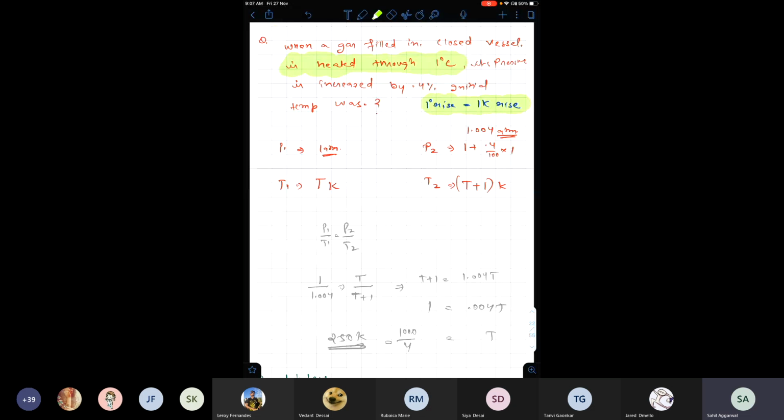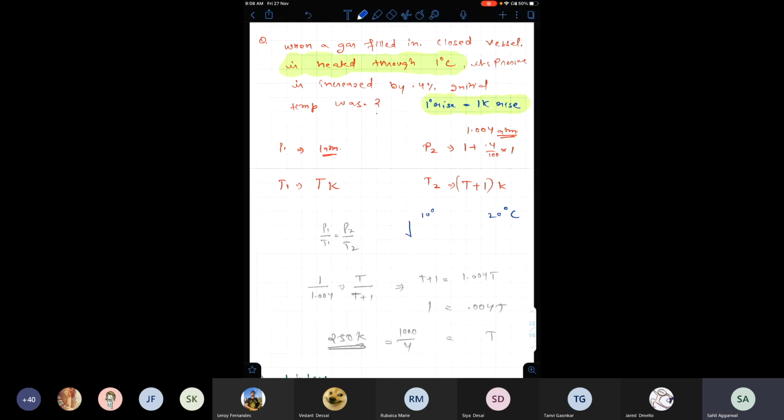The rise that happens remains the same. We do not have to add 273 in it. Change in temperature does not depend upon centigrade or Kelvin. It remains the same. For example, 10 degrees to 20 degrees, we have a 10 degree rise.